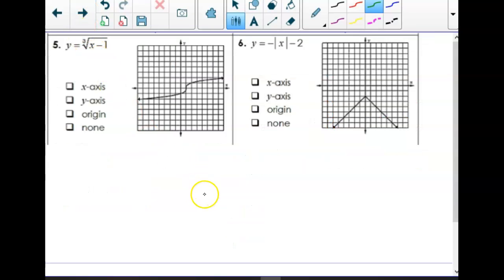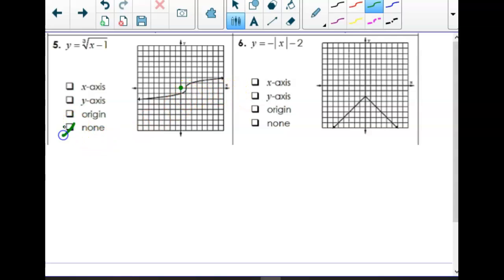I should not talk. Okay, what about this one? This is trickier than it looks. I thought origin too, but can anybody tell where the origin is here? It's right there. Do you see where the X and Y are? This could have origin symmetry, except it's been shifted to the right one.